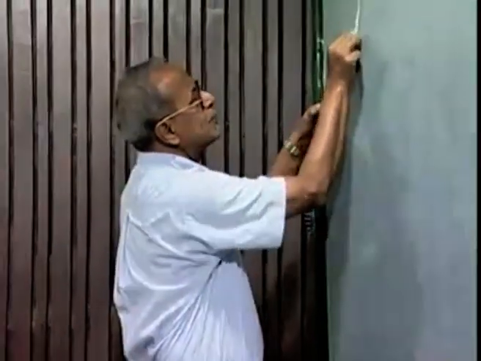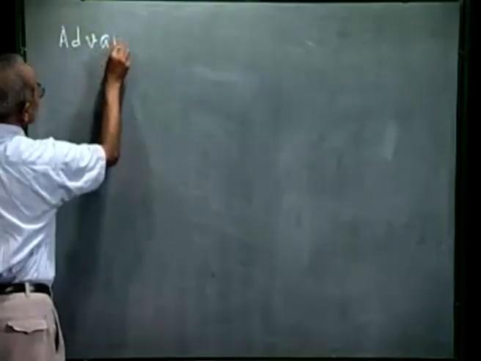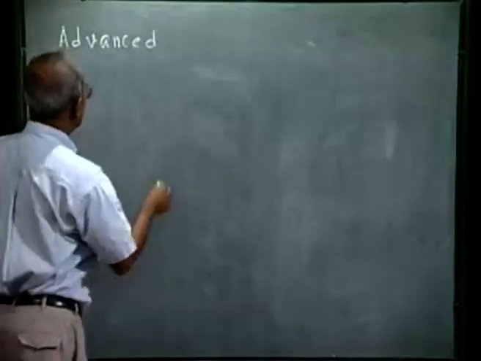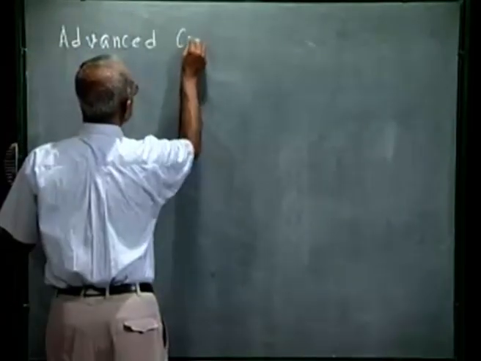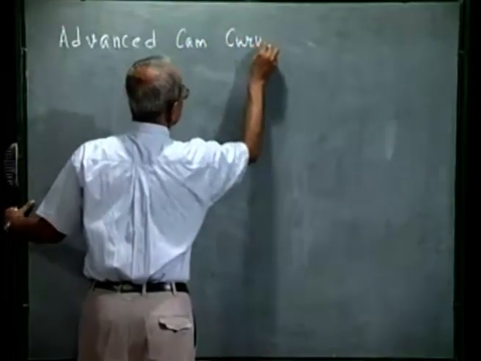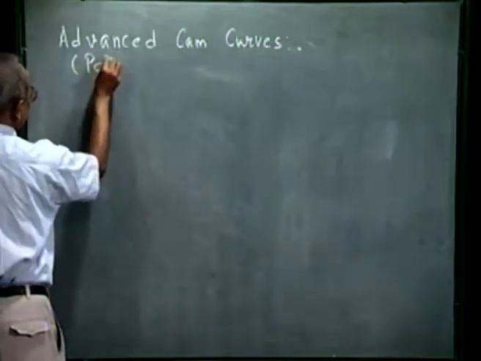To avoid all this, what is sometimes done, we cannot avoid it totally. All higher order derivatives cannot be made 0, but some derivatives can be made 0 at both beginning and end of the rise by using what is known as advanced or polynomial cam curves, and the corresponding cams are called polydyne cams.